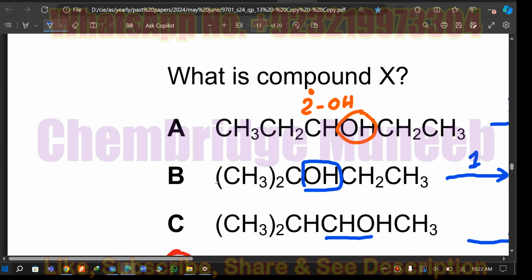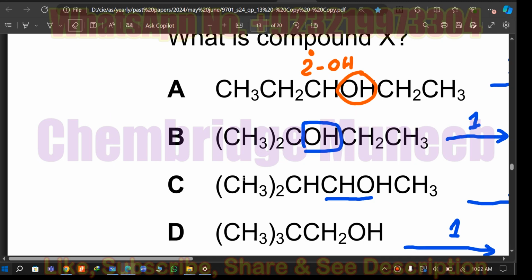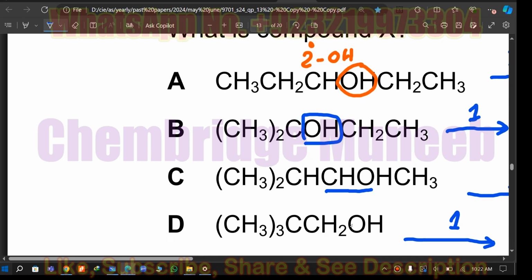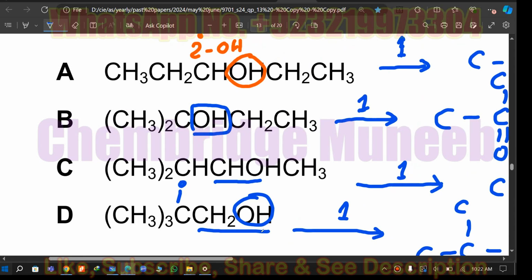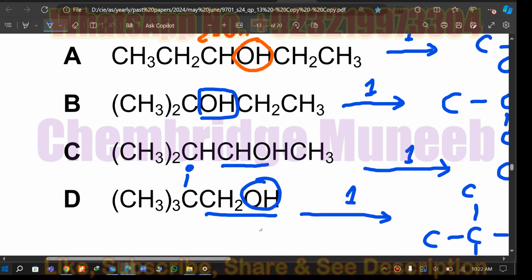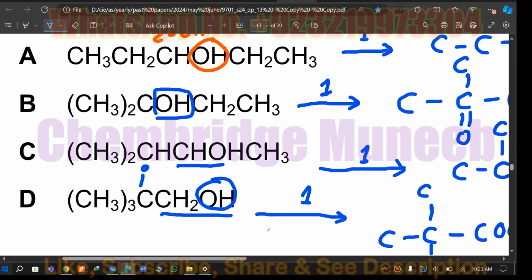Now the D option. The D option contains the alcohol, but this alcohol is a primary alcohol. This primary alcohol, when oxidized, we know should give us the carboxylic acid.